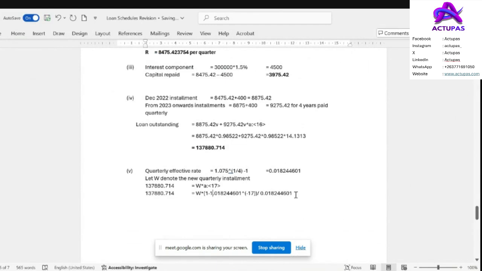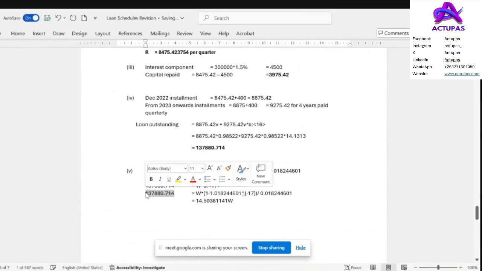So this would be our answer: 14.5038 W is equal to 137,880.714.